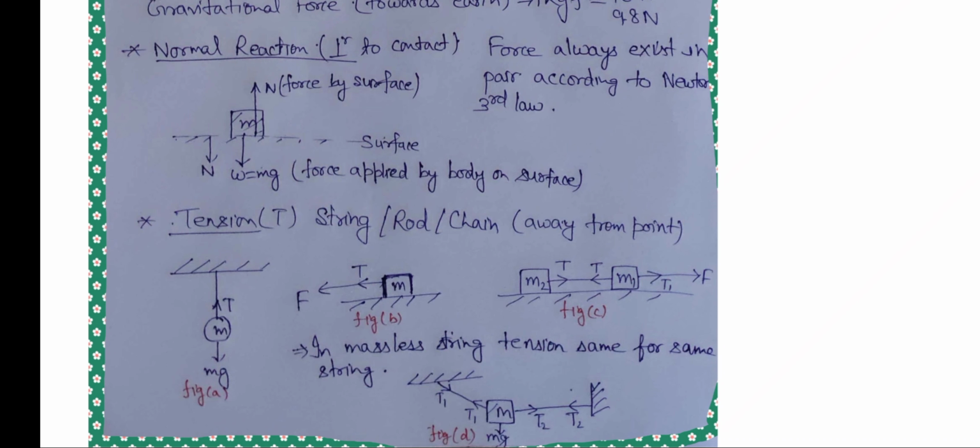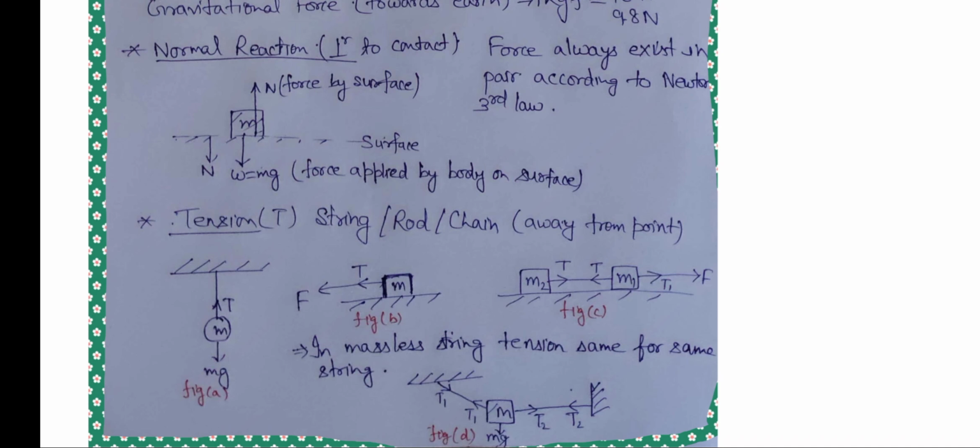Here is one important thing: if there is one string, the same string has the same tension, and a different string has a different tension. You can see there is a string between M1 and M2, so the tension on M2 is T and the tension on M1 is T.